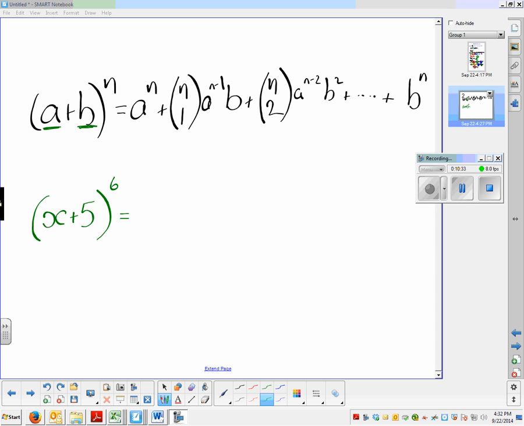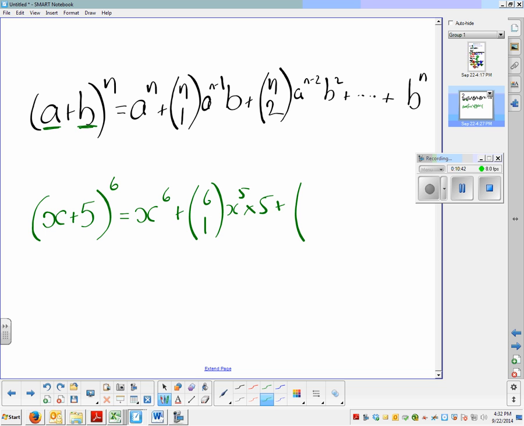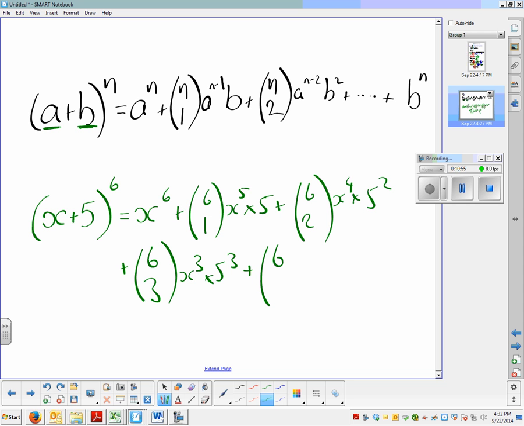So if we write that out in full, it's going to be x to the 6 plus 6 choose 1, x to the 5 times 5 plus 6 choose 2, x to the 4 and 5 squared plus 6 choose 3, x cubed times 5 cubed plus 6 choose 4, x to the 4 times 5 to the 4 plus 6 choose 5.